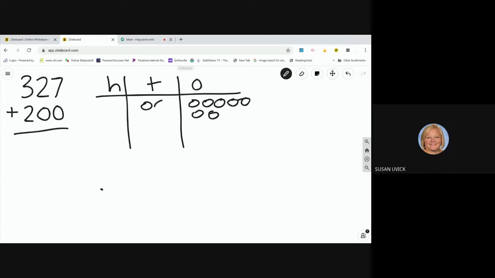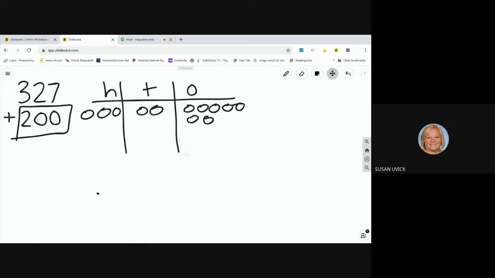I'm going to have 2 tens and 3 hundreds. Now, if I want to add this number, 200, I'm just going to add 2 to the hundreds. So now when I look at this, I'm still going to have 7 ones. I'm still going to have 2 tens or 20, but now I'm going to have 500. So if we look at the number, we're going to end up with our number 527.